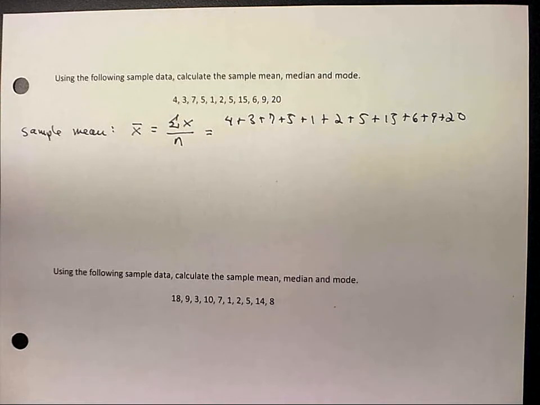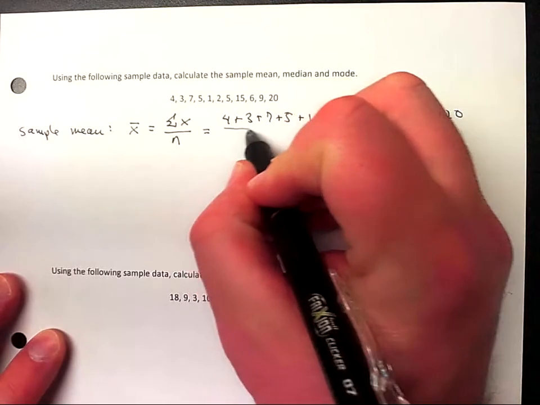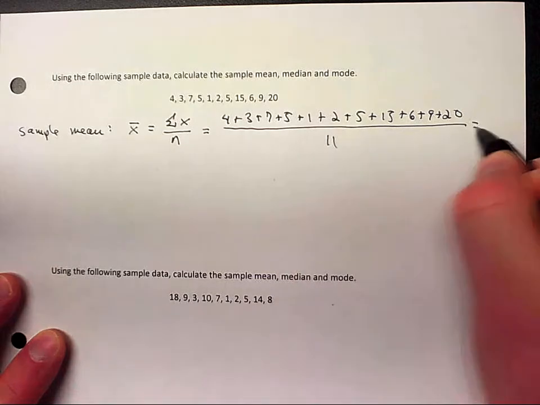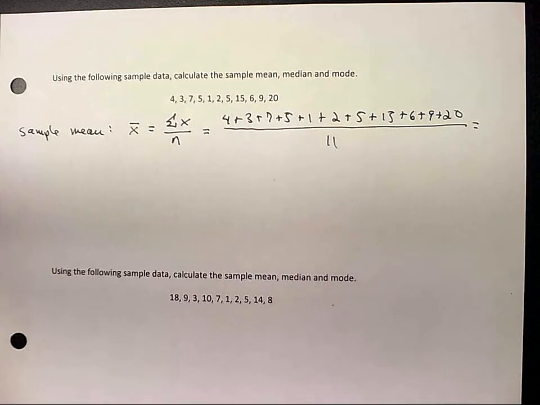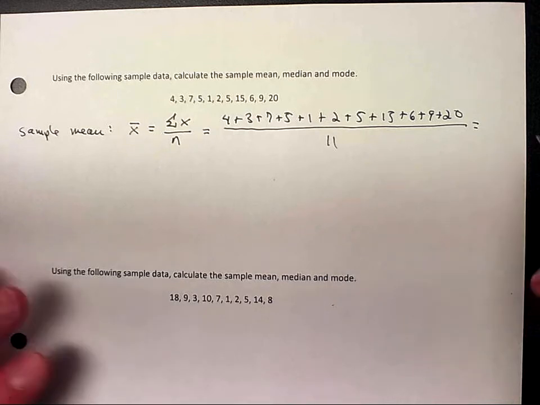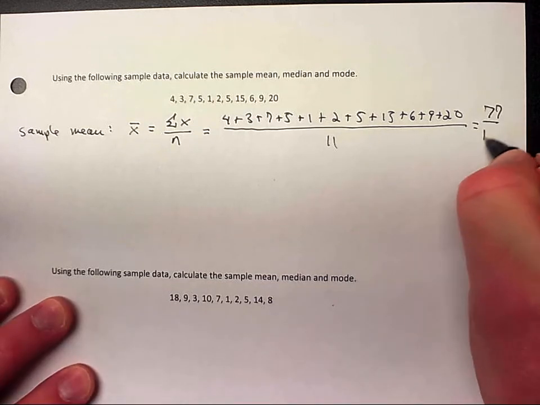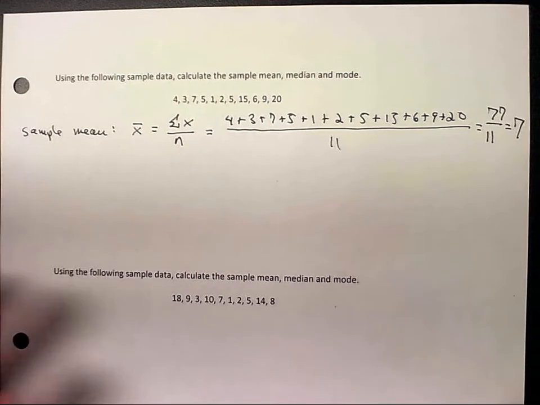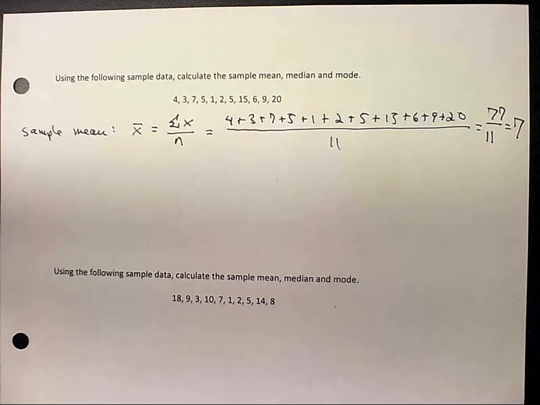Divided by how many we have, and how many do we have? 11. I'll save you guys the arithmetic on this. This is going to come out to 77 divided by 11, which is just equal to 7. Everybody good with this? Cool. So there we have now our sample mean.